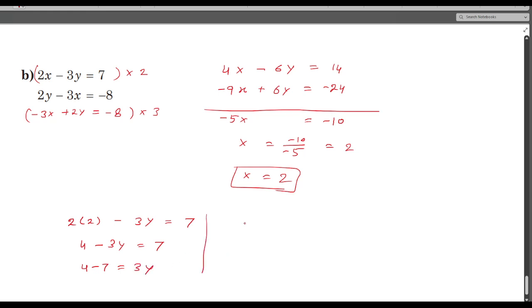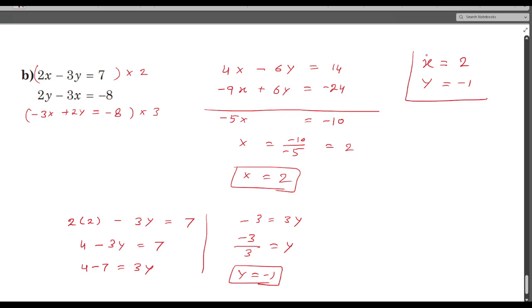Therefore, minus 3 is equal to 3y, and therefore minus 3 upon 3 is equal to y. So your y is minus 1. The value of y is minus 1. So x is equal to 2, y is equal to minus 1 is your answer.